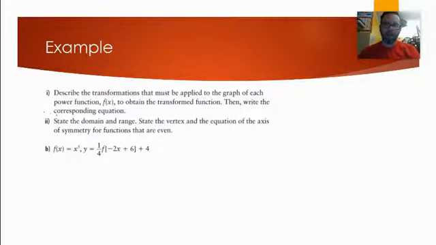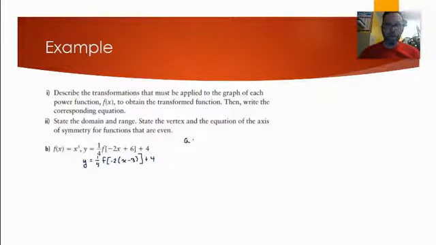We actually need to rewrite it. And this should be familiar to you from your grade 11 course. We actually need to write this as minus 2 factored out, x, and when we take out minus 2 from 6, we get minus 3. So now it's in the form that we're familiar with to pick off all the transformations.